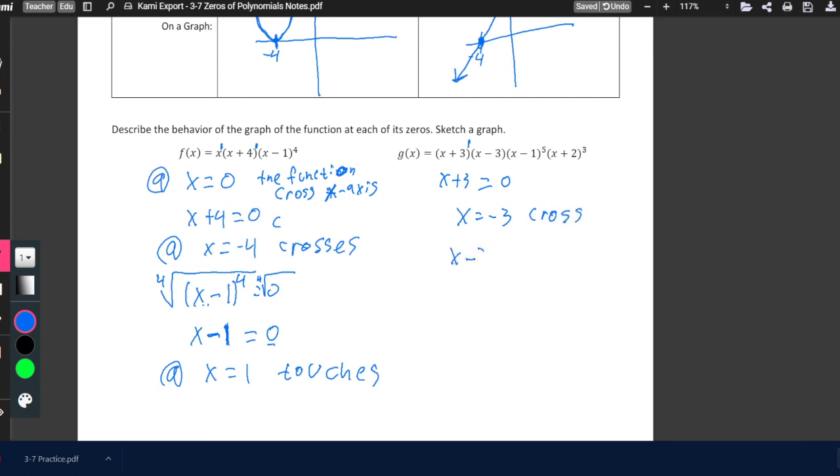So for x minus 3, as always, our first step is to set it equal to 0. So x equals 3. And looking at our degree for x minus 3, is it going to cross or is it going to touch? It crosses.